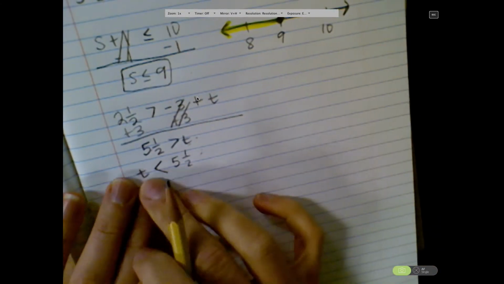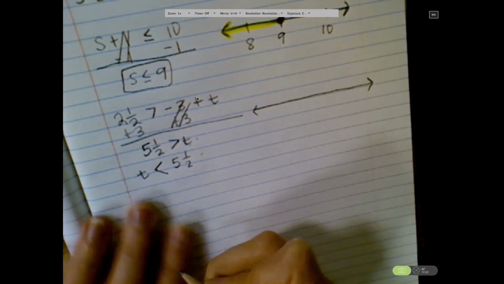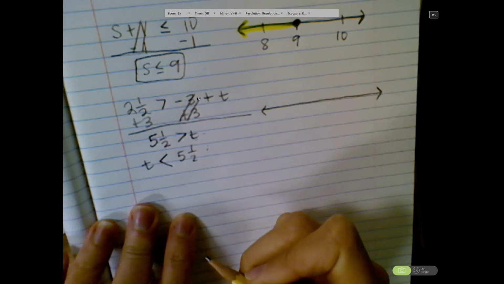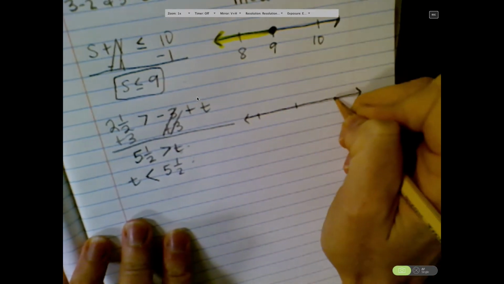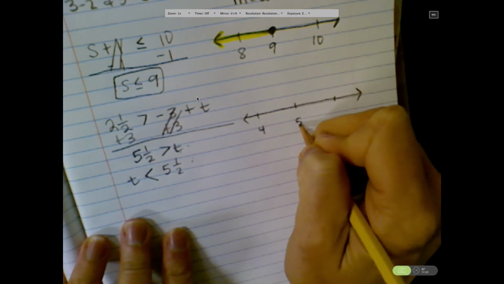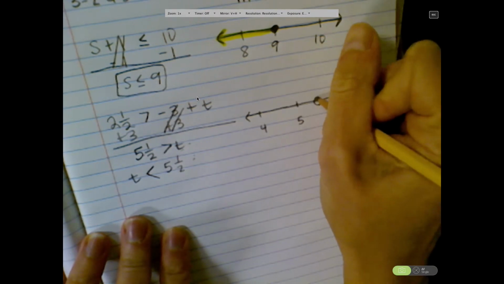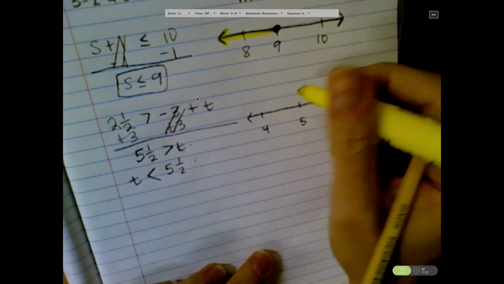The only reason it might be beneficial to always put the variable on the left is so that when you're graphing, your arrow for your graph goes the same way your arrow for your inequality sign does. So I would put 4, 5, and 6 on here, and then 5.5 would go in between 5 and 6, and my arrow needs to point to the left.